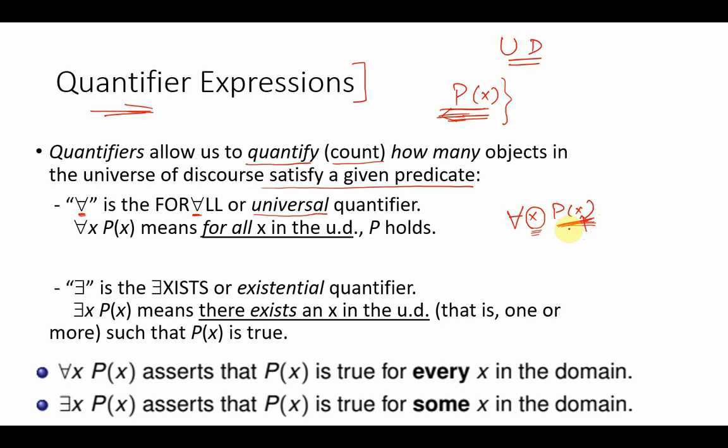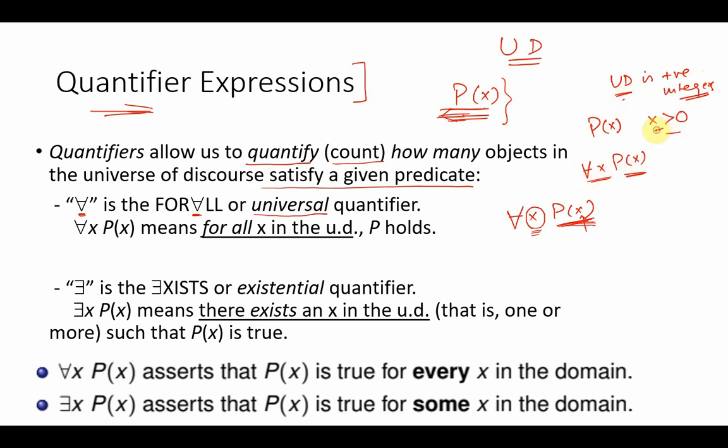Say for example, the universe of discourse is positive integers, and the predicate p of x says x is greater than 0. Now I can say that for all x, p of x, as I know each and every positive integer is greater than 0. You can take any positive integer and substitute the value over here.